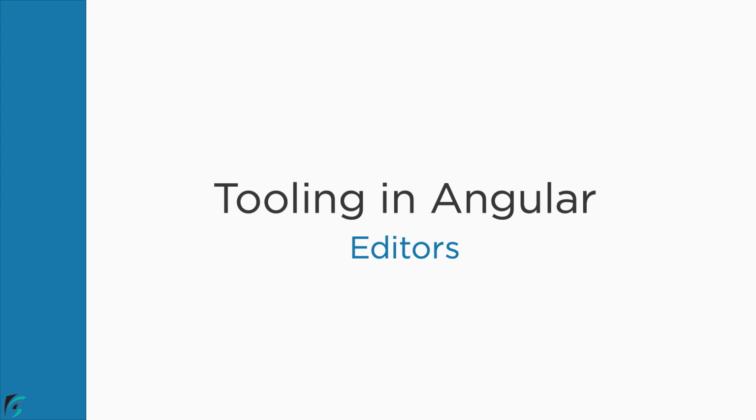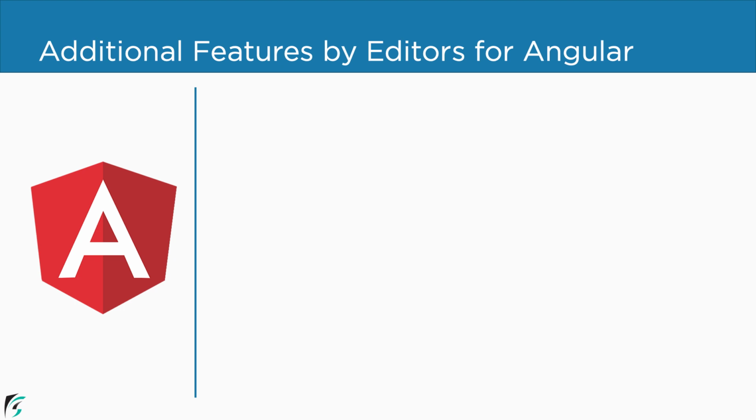Editors. Editors are the most commonly used tools when developing any application. If we give the editor more power, it will make our development faster and easier. And Angular gives this power to the editor. There are two main ways in which the editor can give you additional features using Angular. First is TypeScript. TypeScript gives two main benefits.